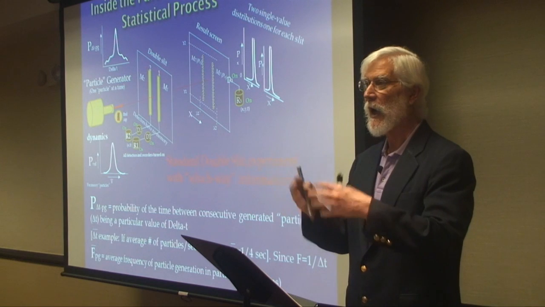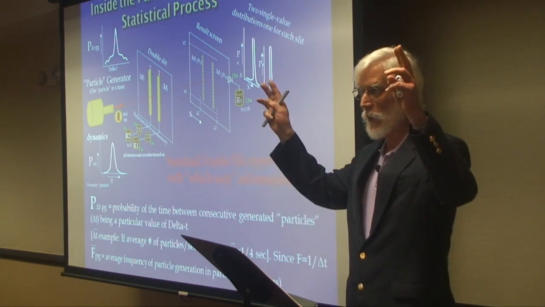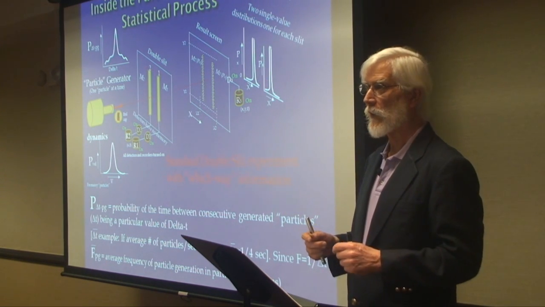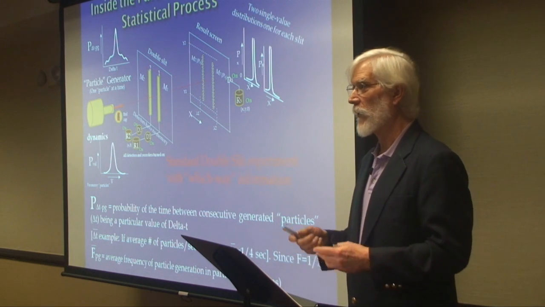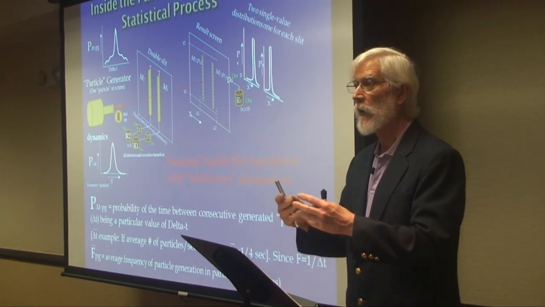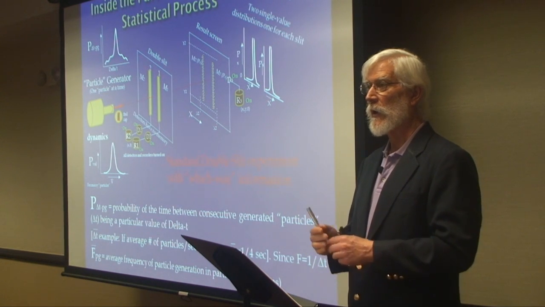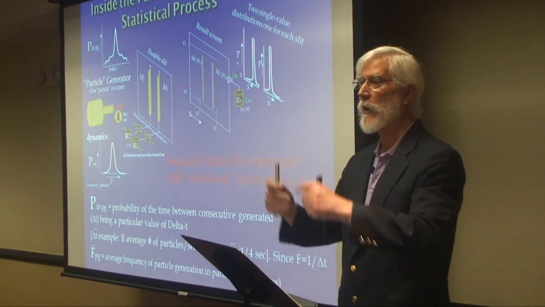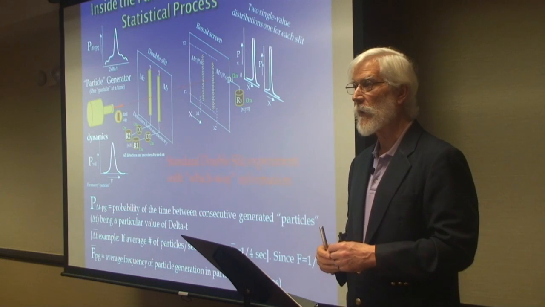So if you're boiling off electrons, you have a thing called a filament. You run a current through it. The current makes it hot. As it gets hot, it, quote unquote, boils off electrons. It's another one of those metaphors that doesn't actually have anything to do with reality. But it boils off electrons, and then those electrons are accelerated forward, away from it, by a positive charge, which attracts them.